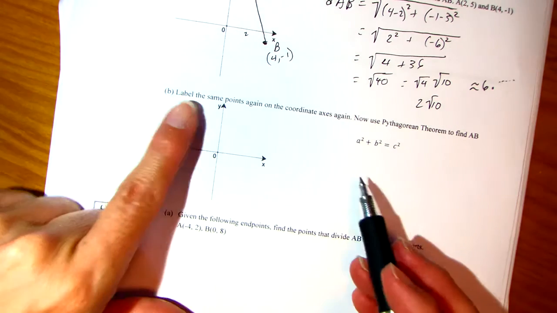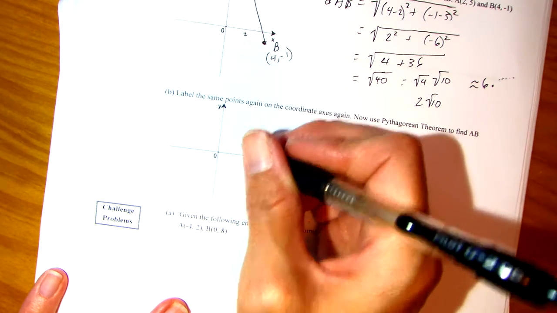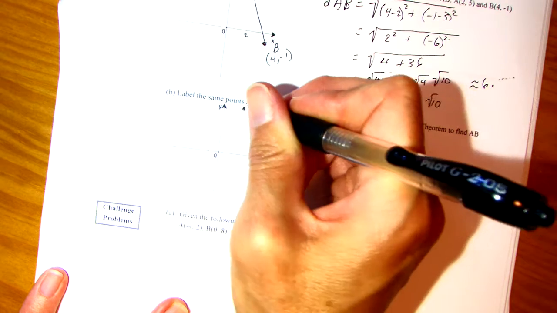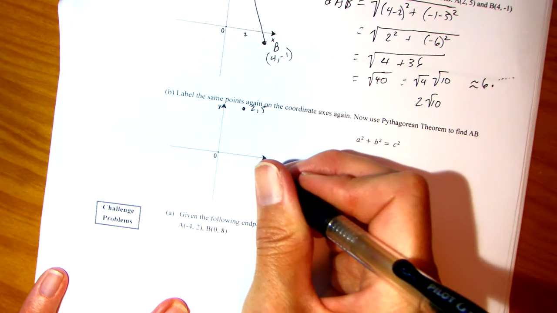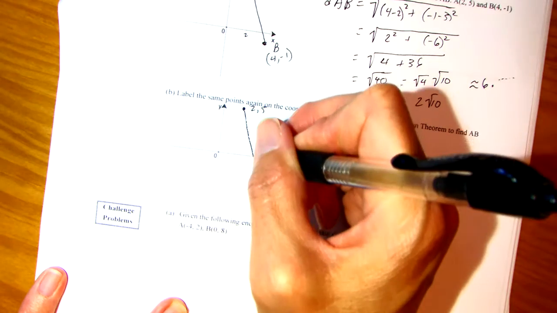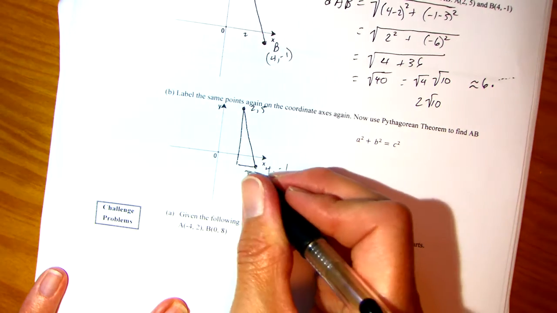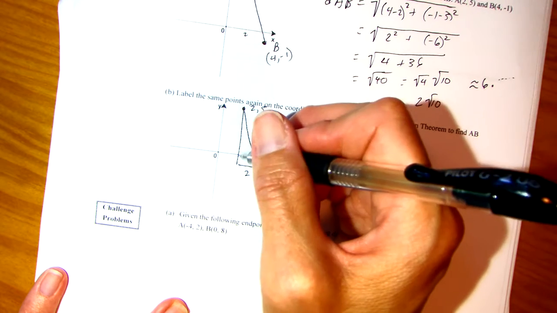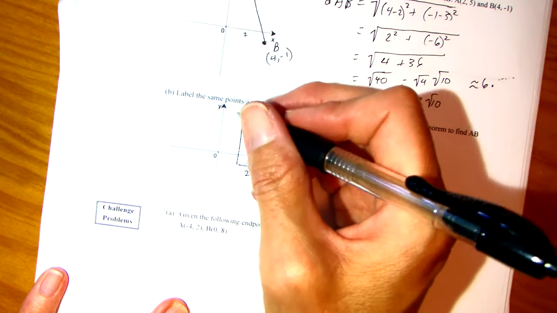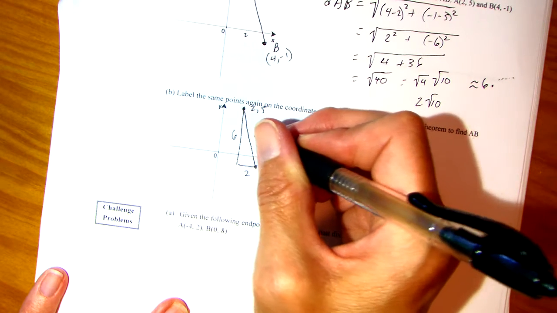Okay, now do the same problem, but we're going to use Pythagorean theorem. So we have (2, 5), and then we have (4, -1). This distance is 2. This distance is 6. And we'll call this c.